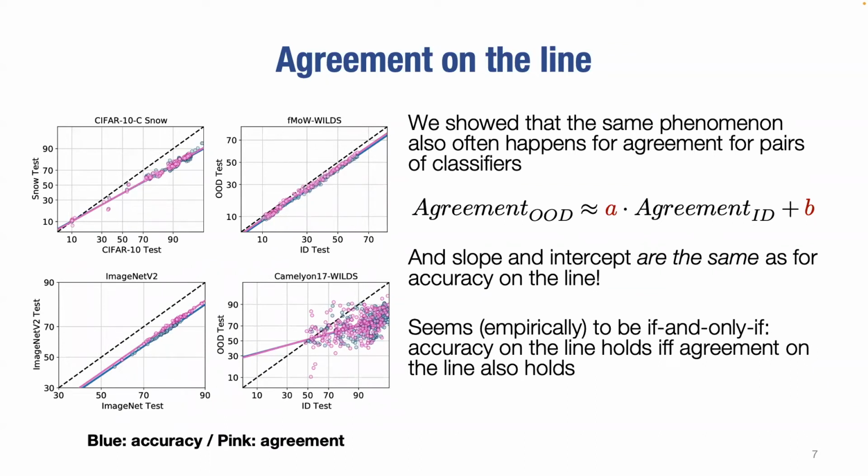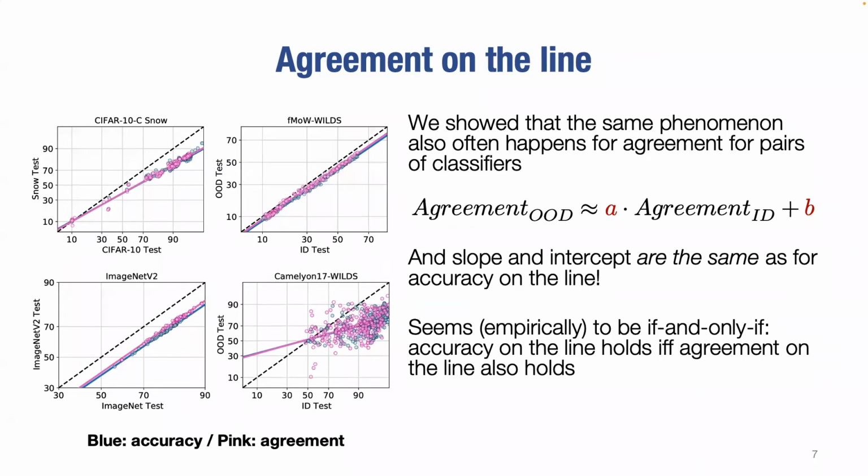Take a whole collection of classifiers, look at all pairs in that collection, compute their agreement between each other on an in-distribution test set. That's like the normal test set we have for ImageNet or whatever, and compute their agreement out of distribution on some out of distribution test set, right? Some new data, cloudy data or whatever, right? Like some different distribution.